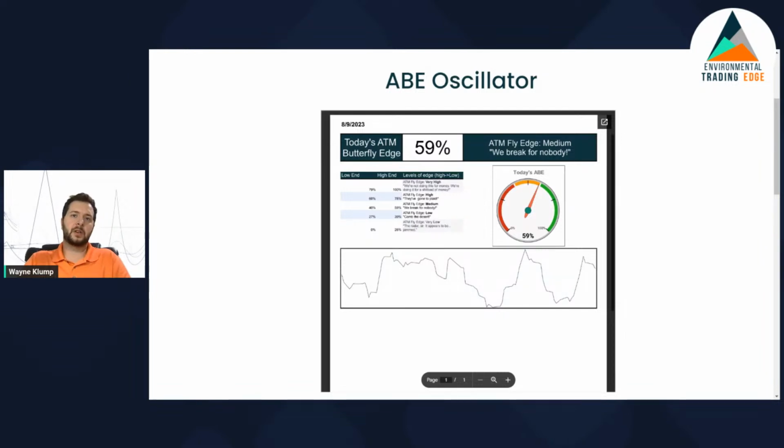That's also not as advantageous right now. So the optimal time to enter or start pushing on the edges of butterfly structures or condor structures or theta-based structures in general is when the ABE indicator is high and rising.